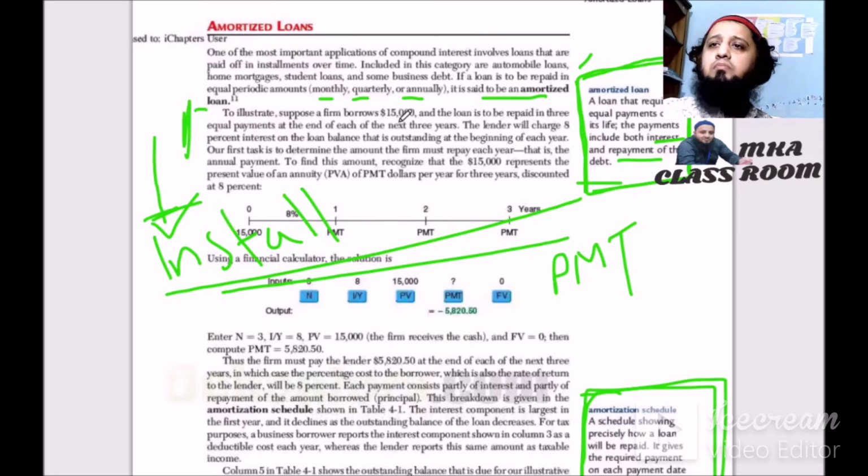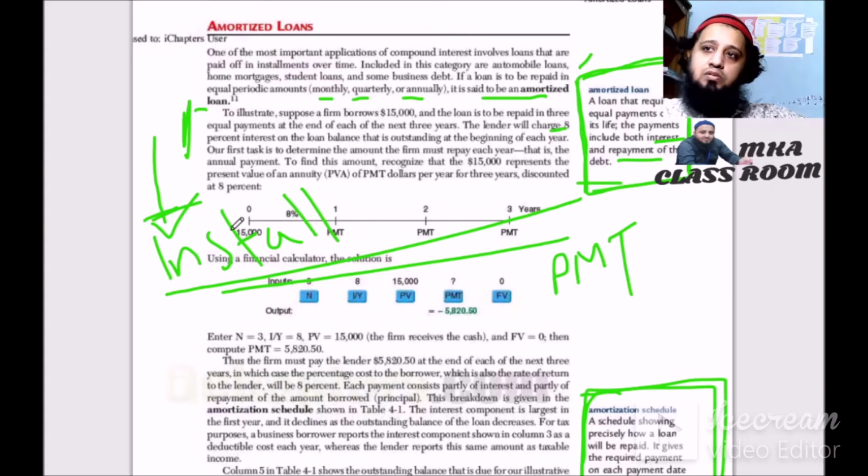Suppose a firm borrows 15,000 and the loan is to be repaid in 3 equal payments at the end of each of the next 3 years. That means 3 equal payments will kill off this loan, where rate of interest is 8%. So that is our problem.